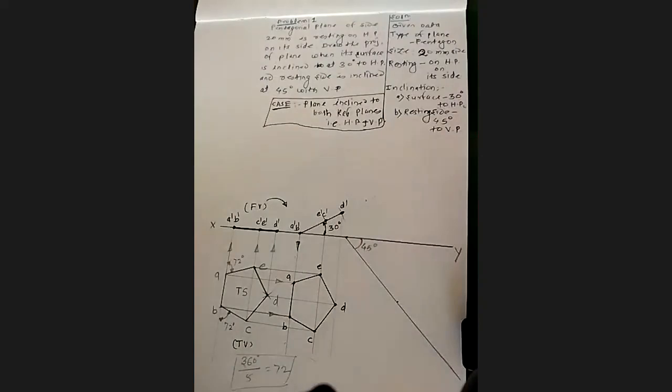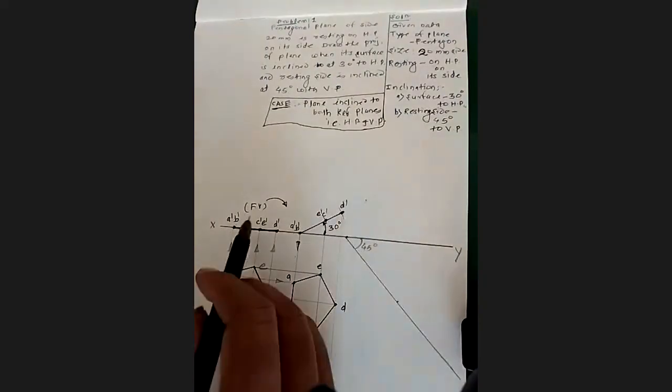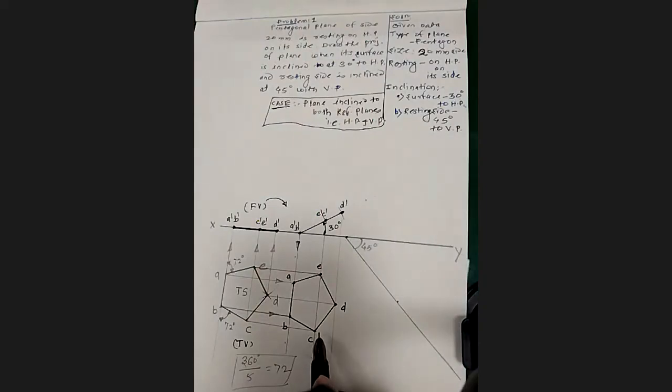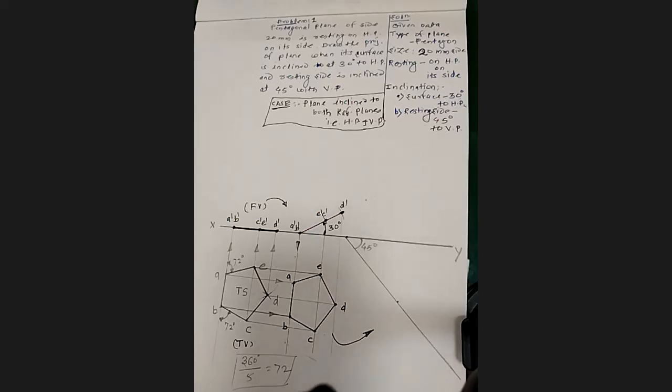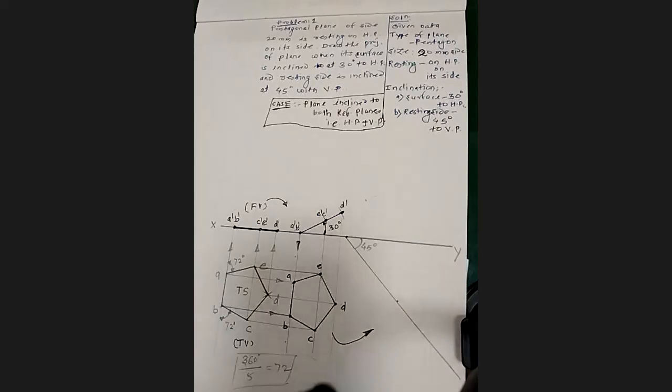Now we have to rotate this top view, as in the first stage the front view was rotated. Now in the third stage, this is to be copied in a new position, as it is here, only with a change in inclination.